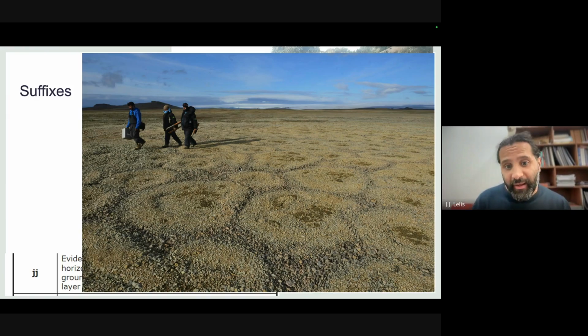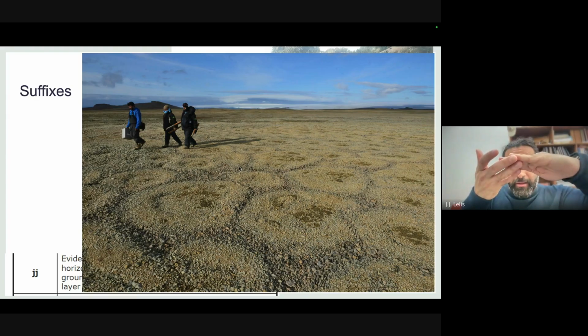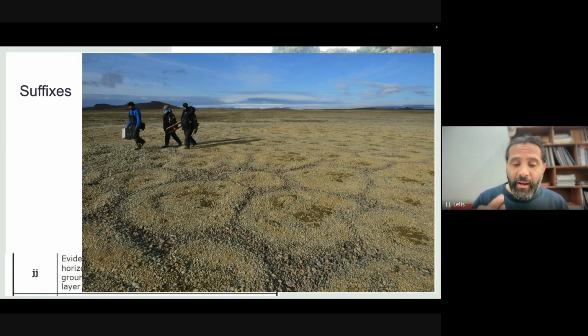Why? Because clay is quite thin and light. So when water migrates from the deepest horizons to the surface, the water carries some clay to the surface. And then when the water reaches the surface, you can see this enrichment of clay.